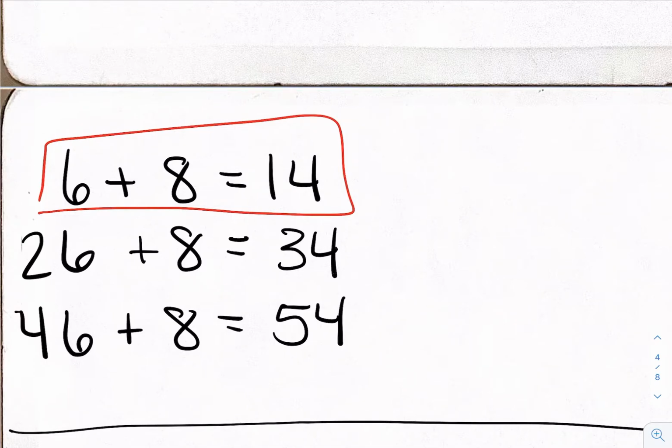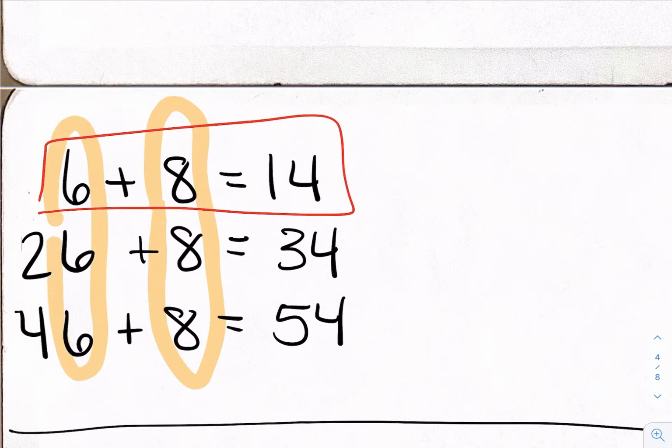I see 8s in all of them. I also see 6s in the ones place in the first add-ins. Do you see anything in common with the sums, with the answers? If you saw 4s in all of the ones places in the answers, you're correct.